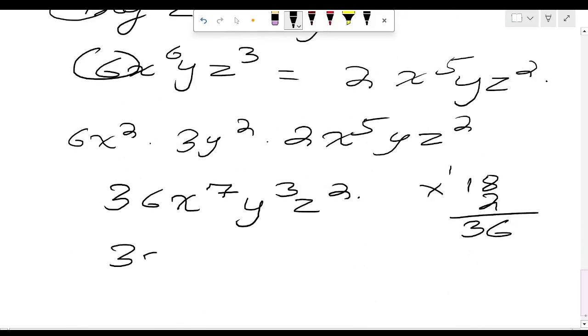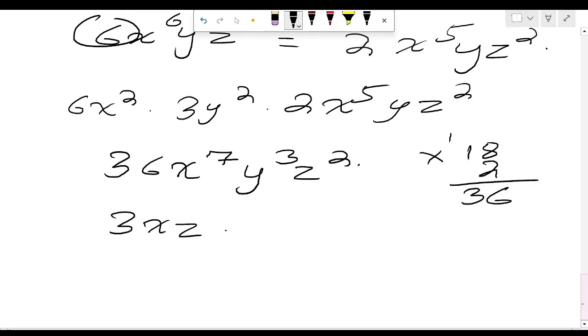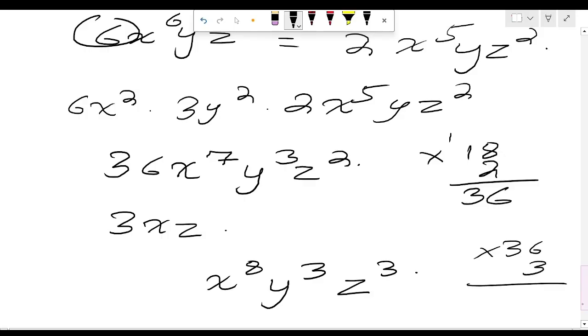So if we multiply this with 3xz, firstly x power 8, then y power 3 will remain the same, z power 2 will change to z power 3, and now we will multiply 36 with 3. So 3 threes are 9, 3 fours are 12, 3 fives are 15, 3 sixes are 18, 3 threes are 9, and 108. So this means that the answer is 108 x power 8 y cube z cube. So this is our answer.